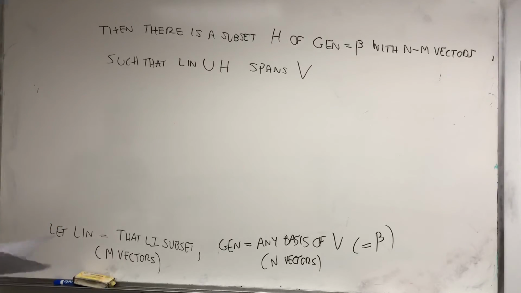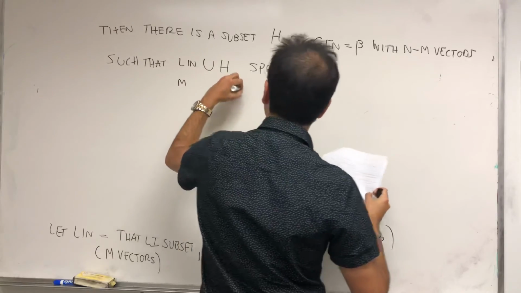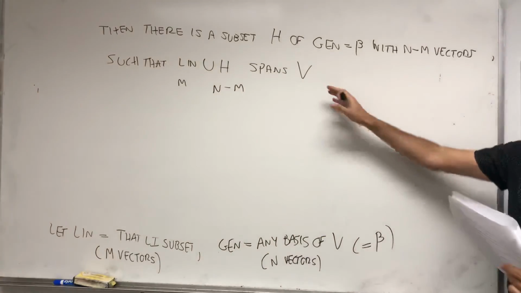L, we know it has m vectors. H, we know it has n minus m vectors.